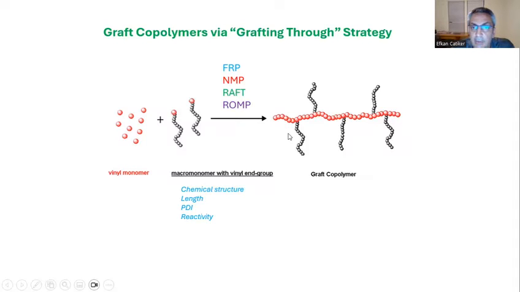Since the features of the graft copolymer are mainly dependent on the macromonomer, its chemical structure, its length, polydispersity, and reactivity determine the features of the graft copolymer. So we need to focus on the macromonomer.